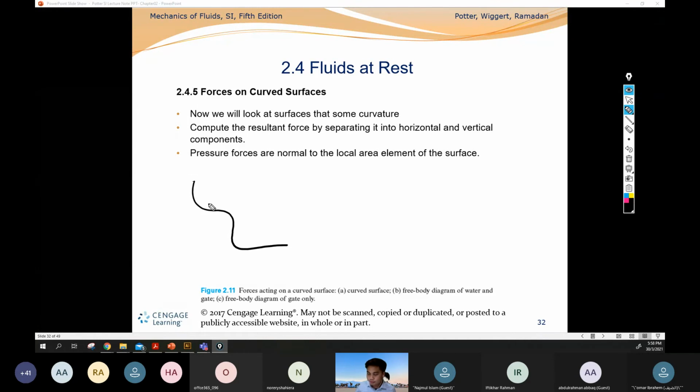Alright, in order to calculate the resultant force acting on the curvature surfaces, we need to establish two things first.